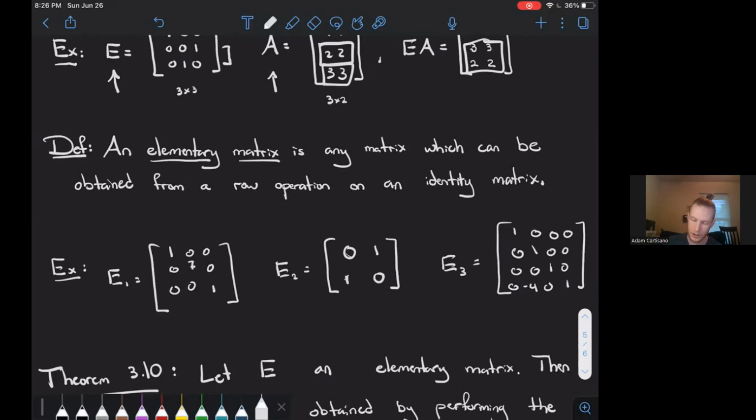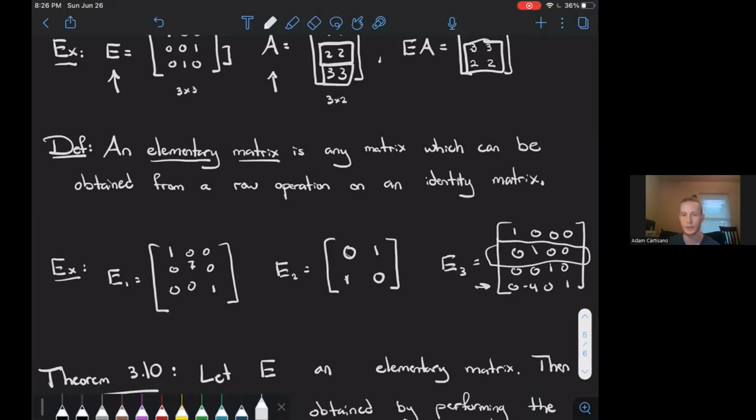You can, of course, switch two rows. So in the second example, that's just row one and row two switched. And in the third example, we have what it looks like to add -4 copies of row two to row four, right? We just take that thing, multiply it by -4 and add it downward.